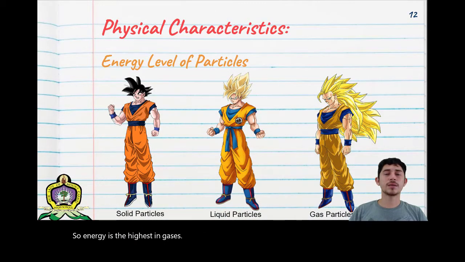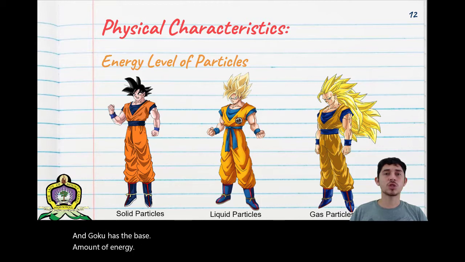This slide depicts the states of matter and their energy level. So in solid particles, we can see a normal Goku, and that Goku has the base amount of energy.